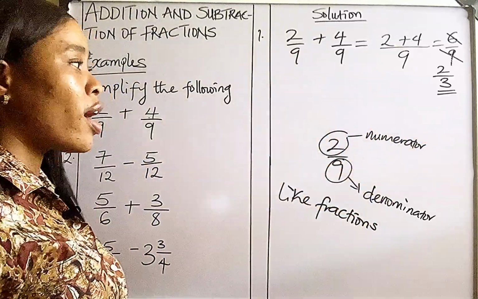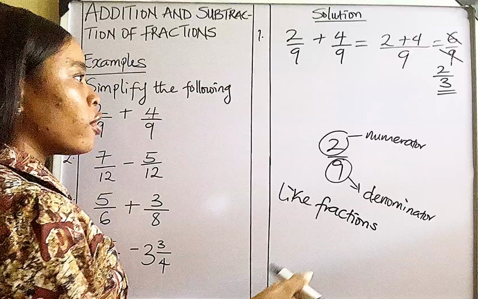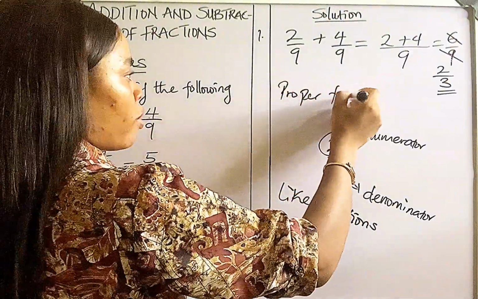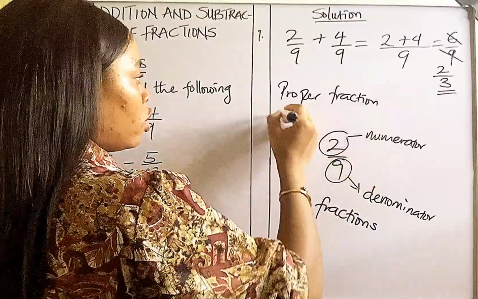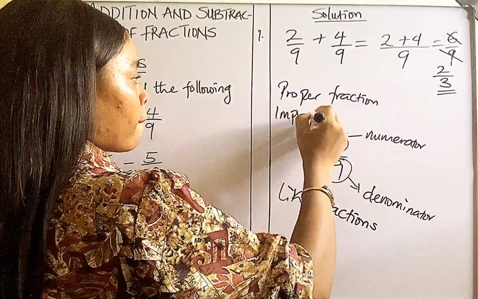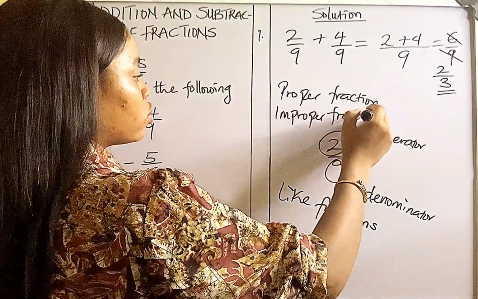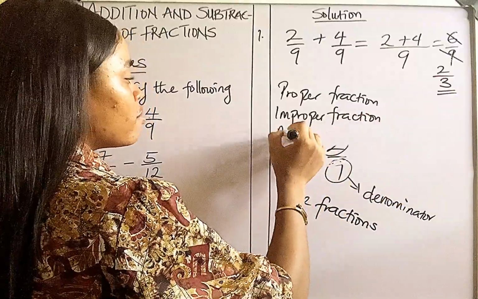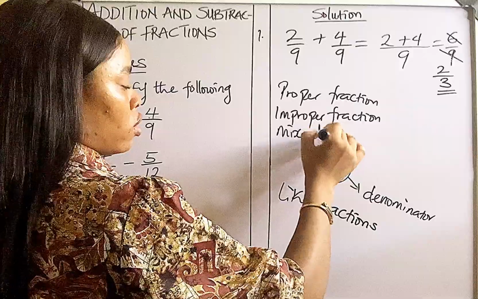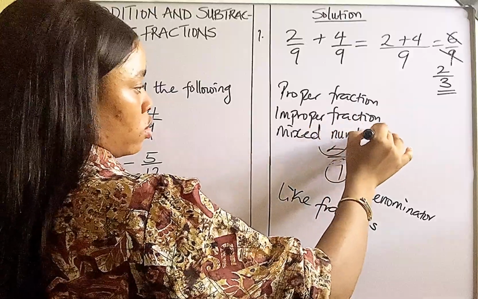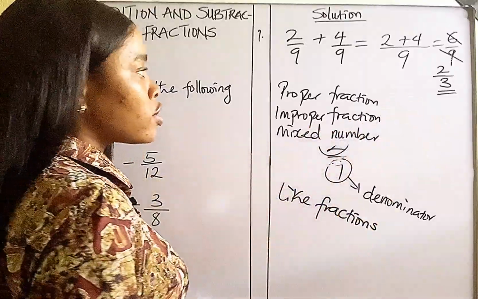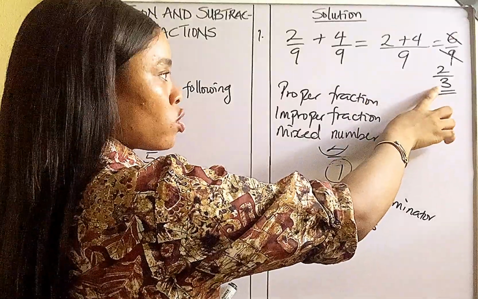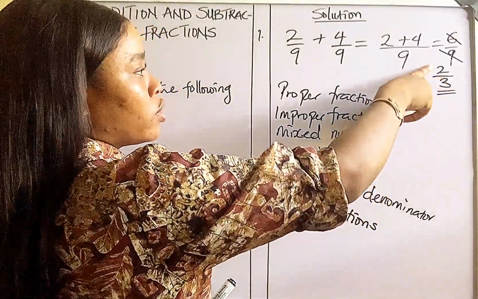For fractions, we have different types of fractions. We have the proper fraction, improper fraction, and then we have mixed number or mixed fraction. So the proper fraction is a fraction whereby the denominator is bigger than the numerator.